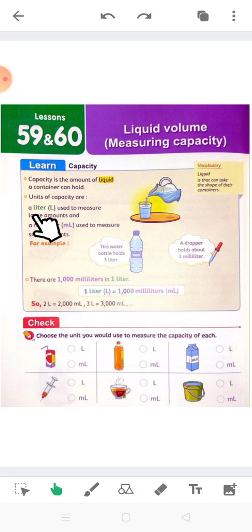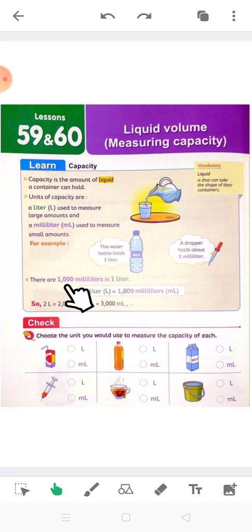This is a unit for large amounts of liquid. A milliliter, ml, to measure small amounts of liquid. Okay? Here we have this bottle of water. This water bottle holds 1 liter. And this one, a dropper, holds about 1 milliliter.